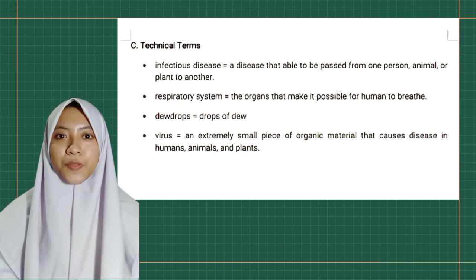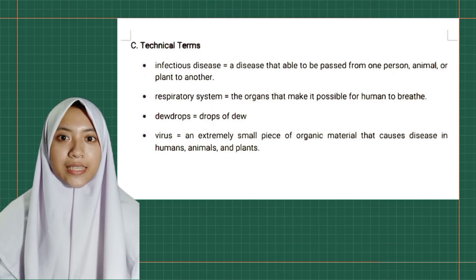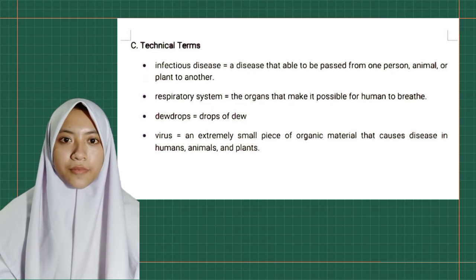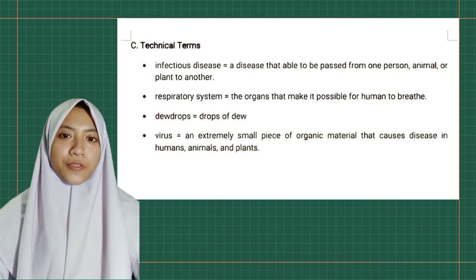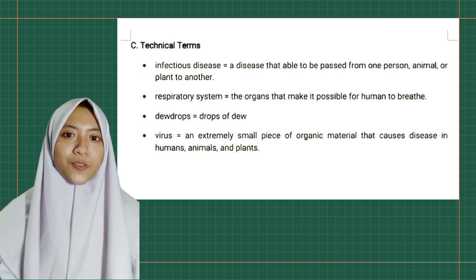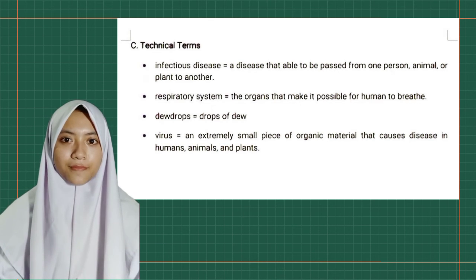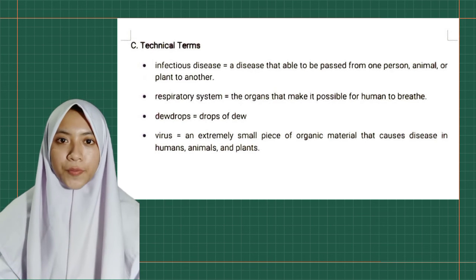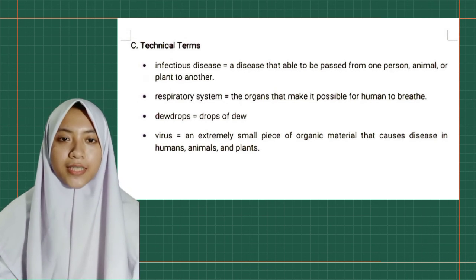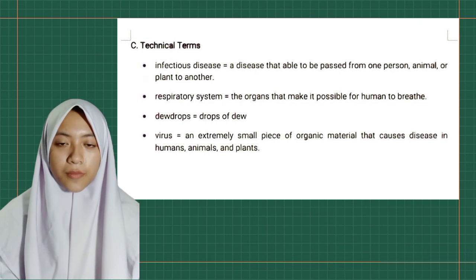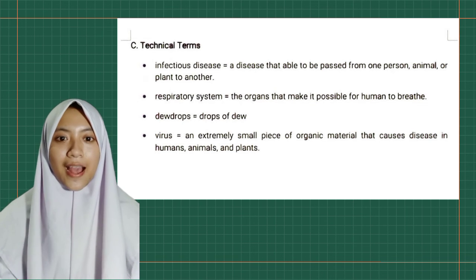Second, respiratory system is the system that makes it possible for humans to breathe. And the third, droplets. Droplets are drops of liquid. And the last, virus is an extremely small piece of organic material that causes disease in humans, animals, and plants.